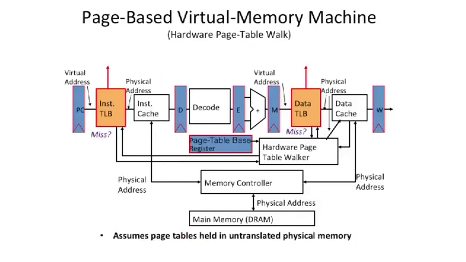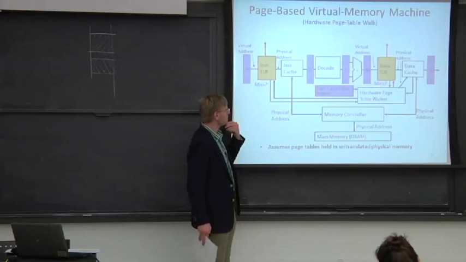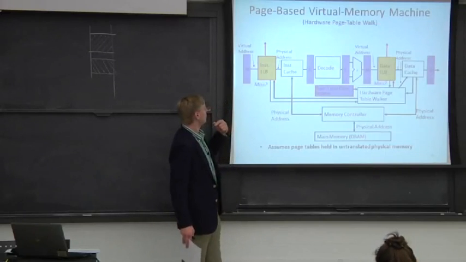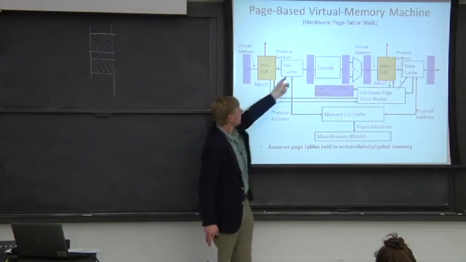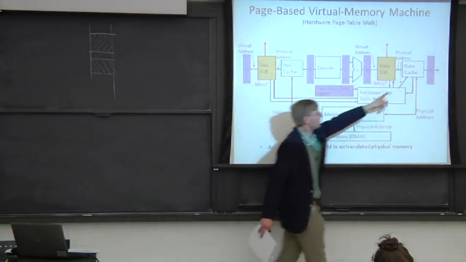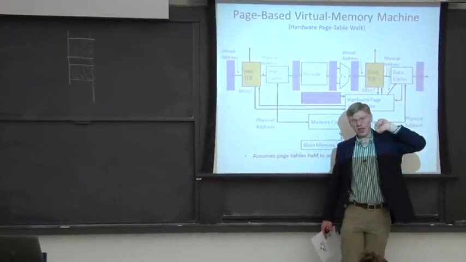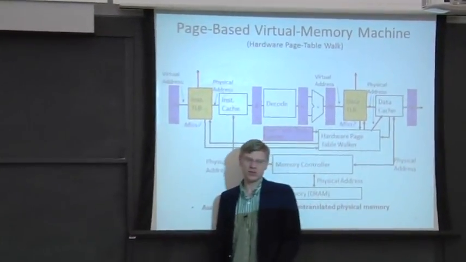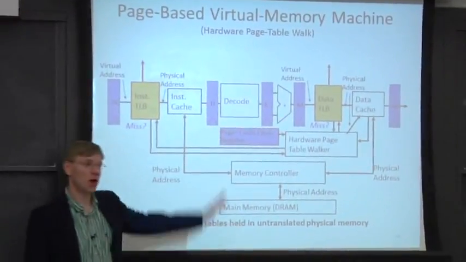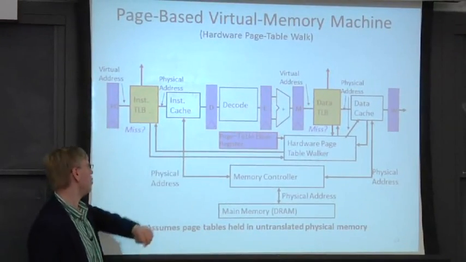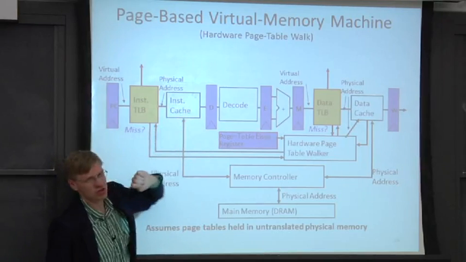OK, now we get to put it in the pipeline. So here's our 5-stage pipe. We want to be able to access our caches. And accessing our caches with virtual addresses could be problematic. We'll talk about that in a second. But it would be nice to be able to access them with physical addresses.